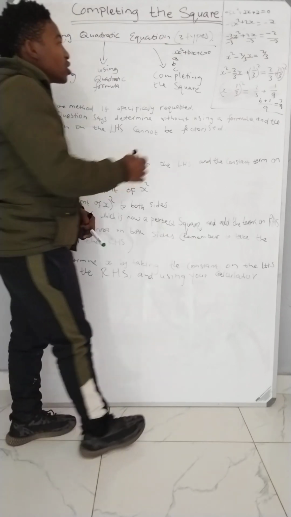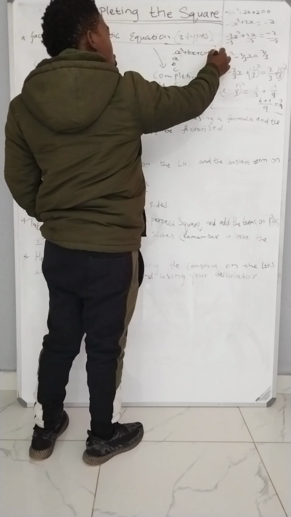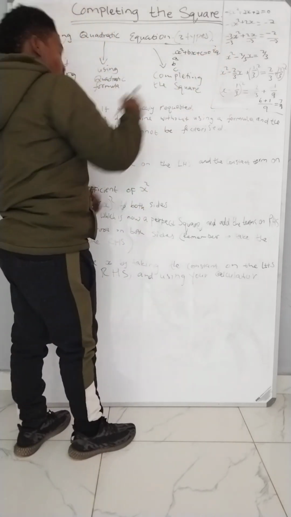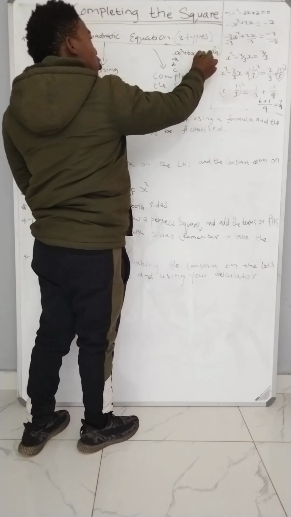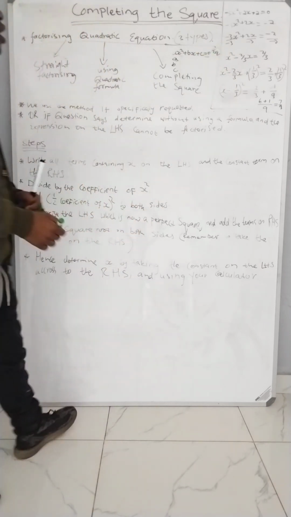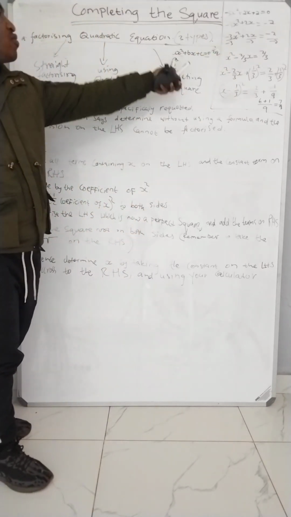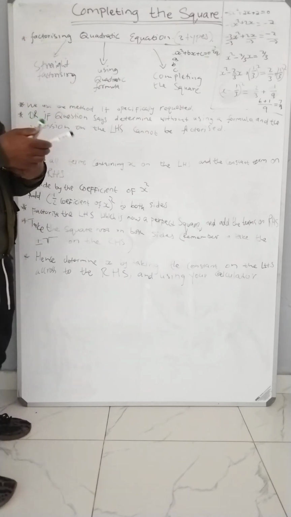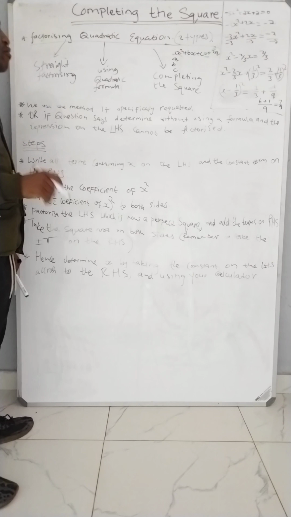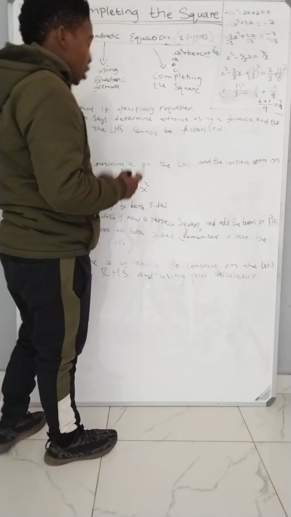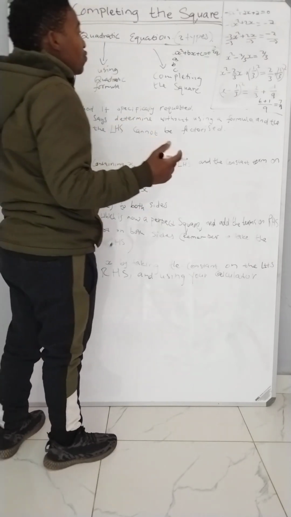This is the quadratic equation because it has an equal sign there. You plug these values into the quadratic formula, which I did in the previous video, I think in the first video. And what is the quadratic formula?